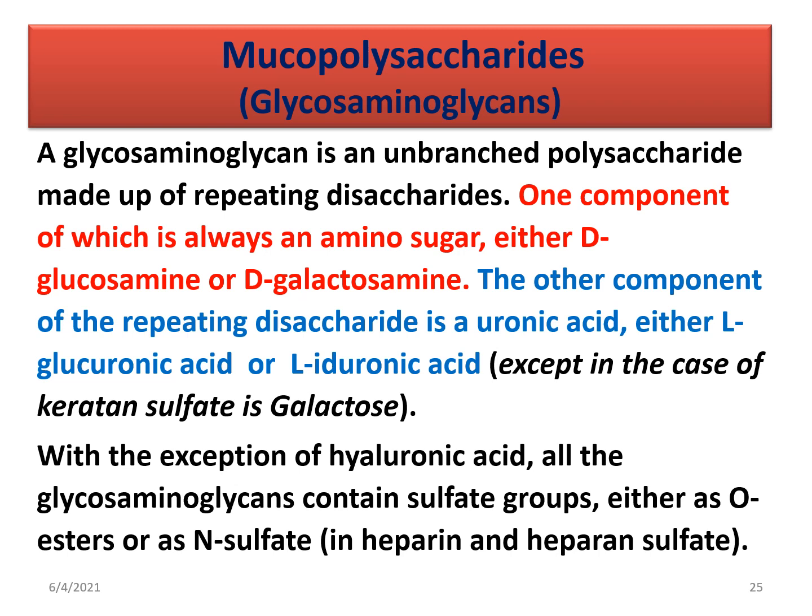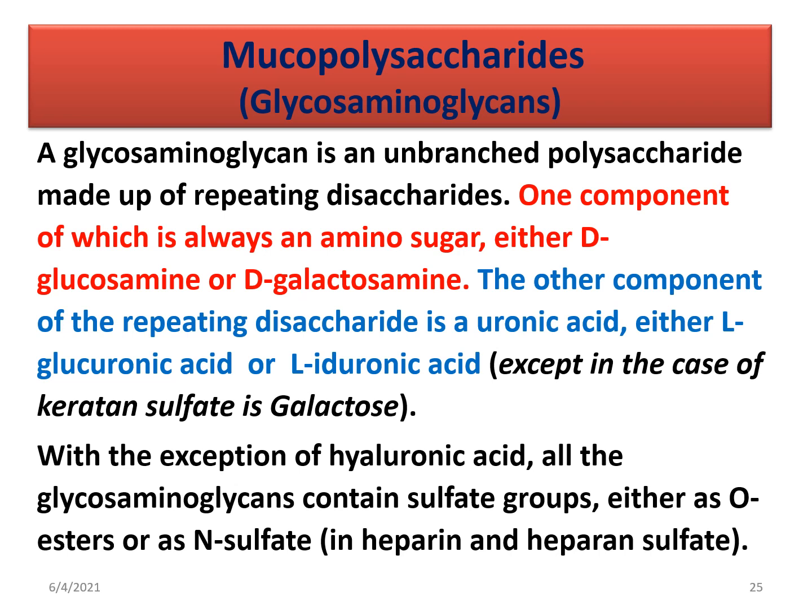Also, all types of glycosaminoglycans are sulfated, with the exception of hyaluronic acid. Therefore, hyaluronic acid is the only unsulfated glycosaminoglycan. It is the only glycosaminoglycan that has no sulfate.